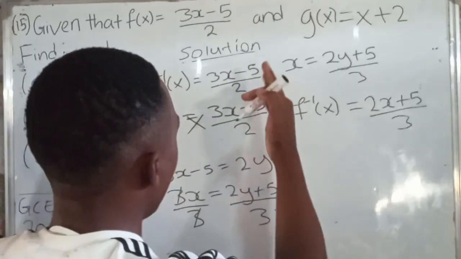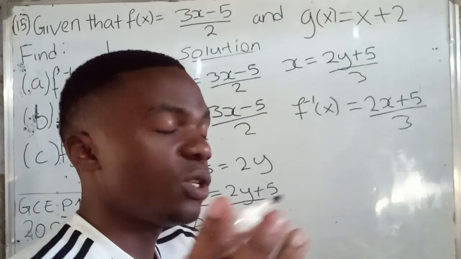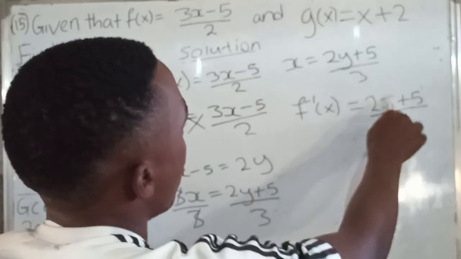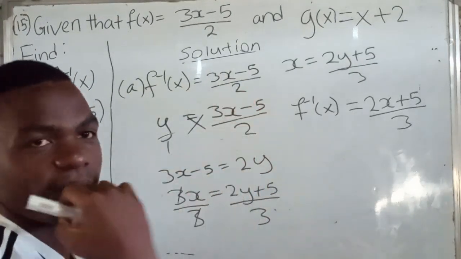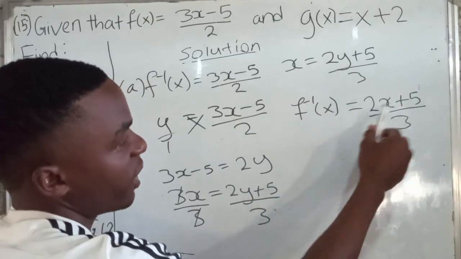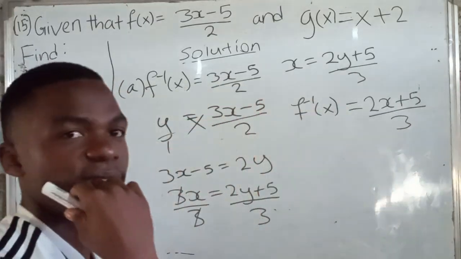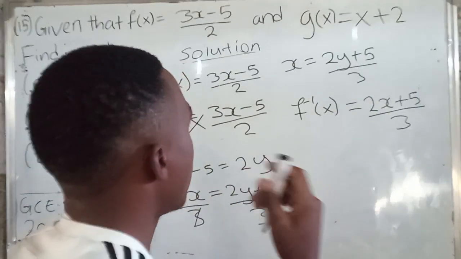Follow the same process, find the inverse function. You are going to discover that it will take you to this. This one will be your answer. So this is the question, but if you solve the inverse function of this, it will give you this. It means you have found the correct answer.